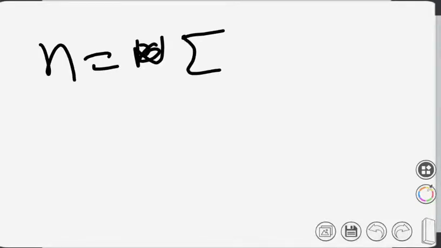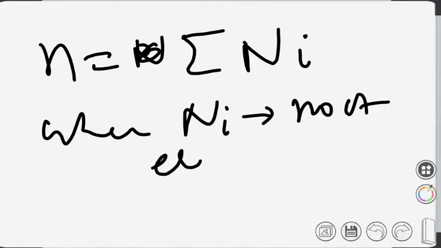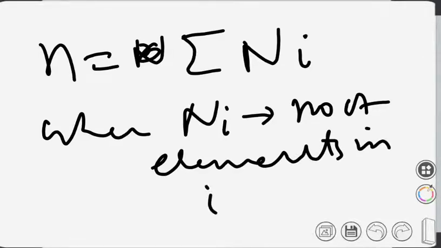writing n equals summation of ni, where ni is the number of elements in the ith row, capital Ni.